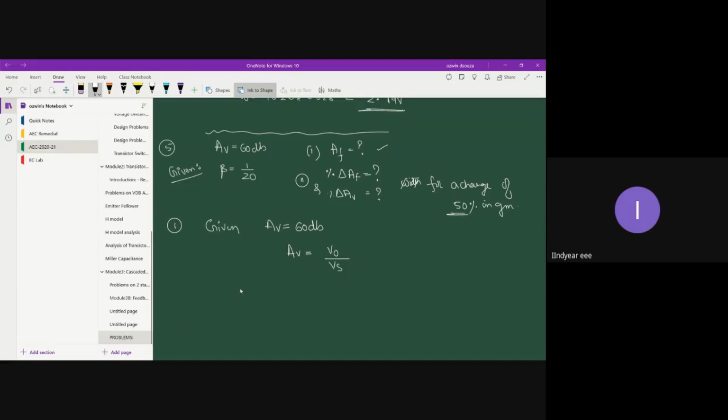So in decibels, what you have to do is 20 log to the base 10 of AV. So you have to convert this absolute system into the decibel system, by taking the logarithm on both sides. So that is equal to 60 decibels, right? It is given as 60 decibels.